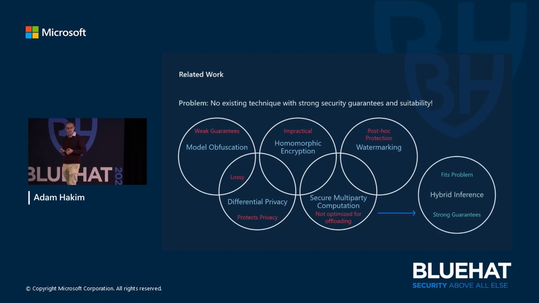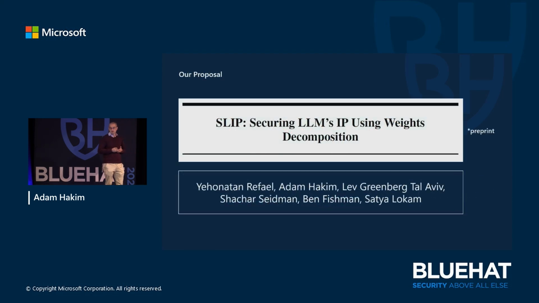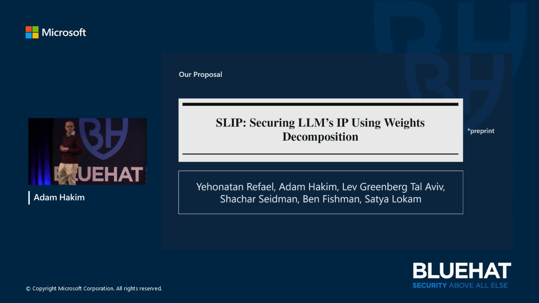It fits the problem well, and it can provide strong guarantees, and that's hybrid inference, running a model by splitting it up into two portions. And I'll show you exactly what this means in a few slides. So this is our technique. We published a paper on it. You can find it online. It's called SLEEP, which stands for Securing LLMs IP.